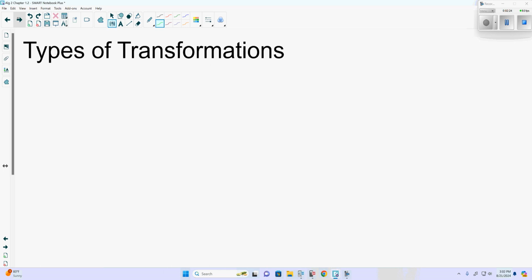Now, linear, quadratic, and absolute value. There is a general form of each of these three.